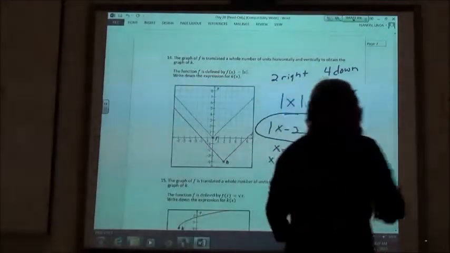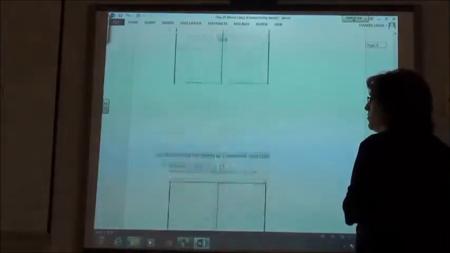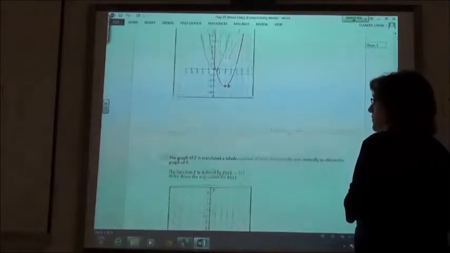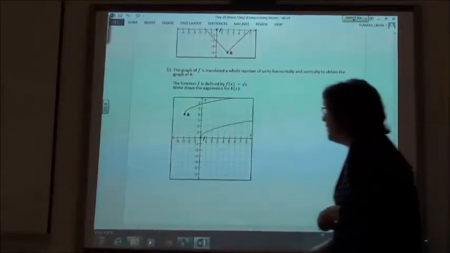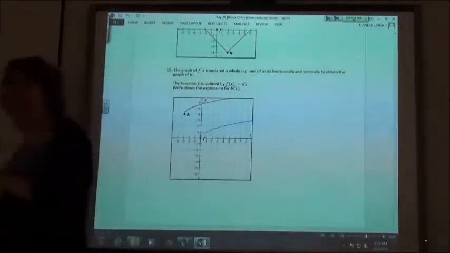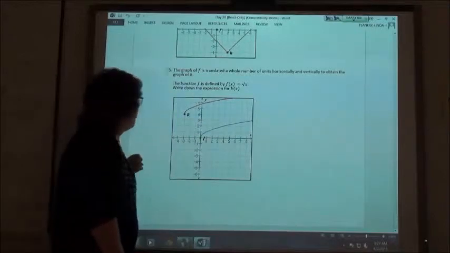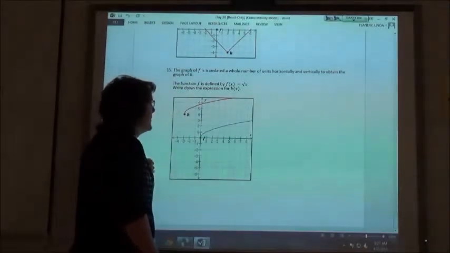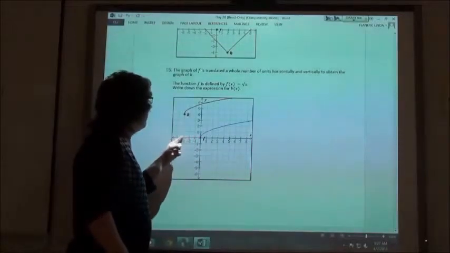All right, let's look at number 15. The last one. So number 15, how does that graph move? I'm going 0, negative 1, 2, 3, right?